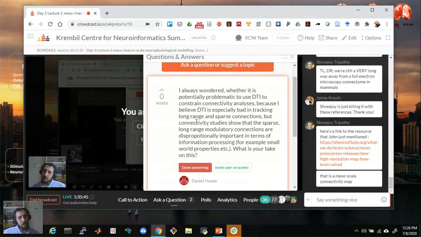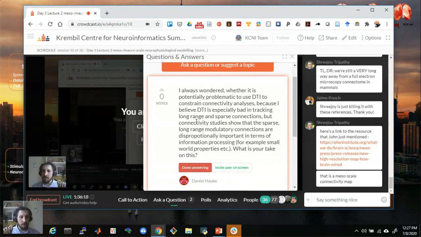One of the things that is not so good, and this is a real challenge with tractography, is, and we know this particularly from Henry Kennedy's work doing chemical tracing in the macaque, that the connection strengths vary over multiple orders of magnitude, like 5 orders of magnitude. They also have this distance relationship.